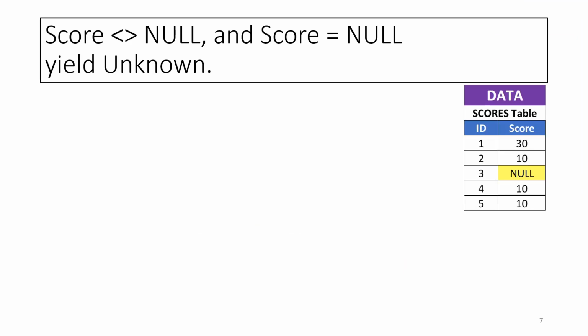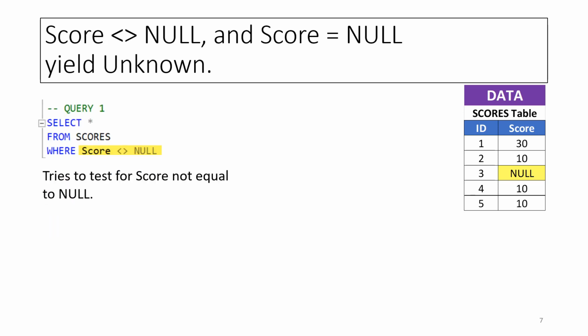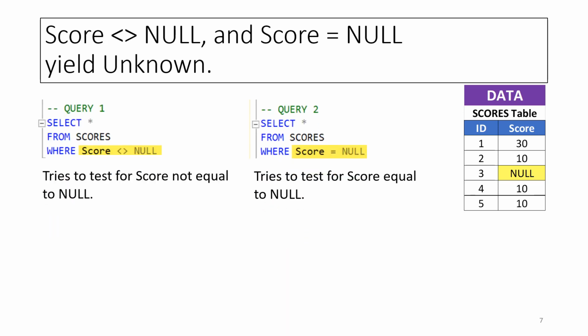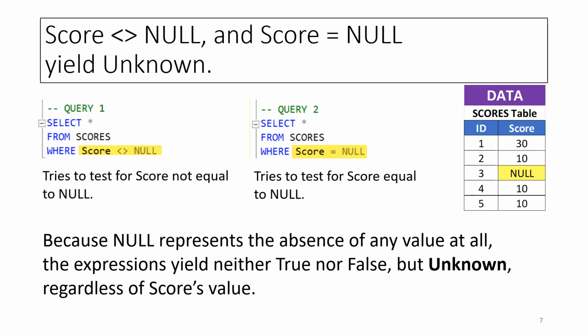Remember the comparison score not equal null and score equal null? Because null represents the absence of any value at all, the comparisons yield neither true nor false, but unknown regardless of score's value. And as we said, where and having clauses work on the accept true principle, treating unknown as false.